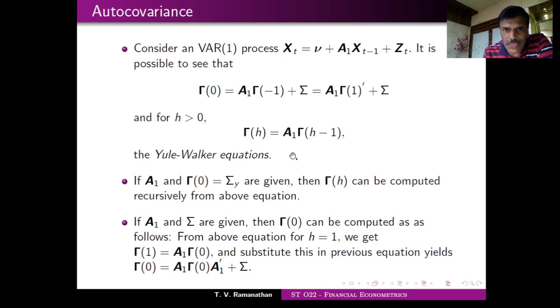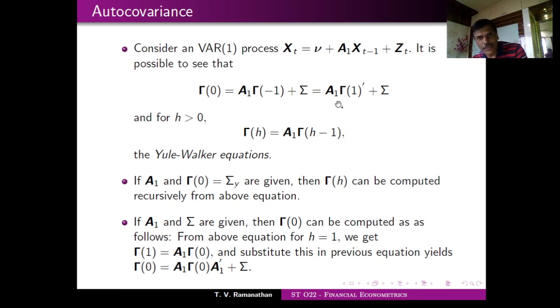In the univariate case, we have seen that phi to the power of h is phi into phi to the power of h minus 1. So there is something similar here. This is gamma h, the autocovariance of lag h, equal to A1 times the autocovariance of lag h minus 1. So these are known as the Yule-Walker equations.